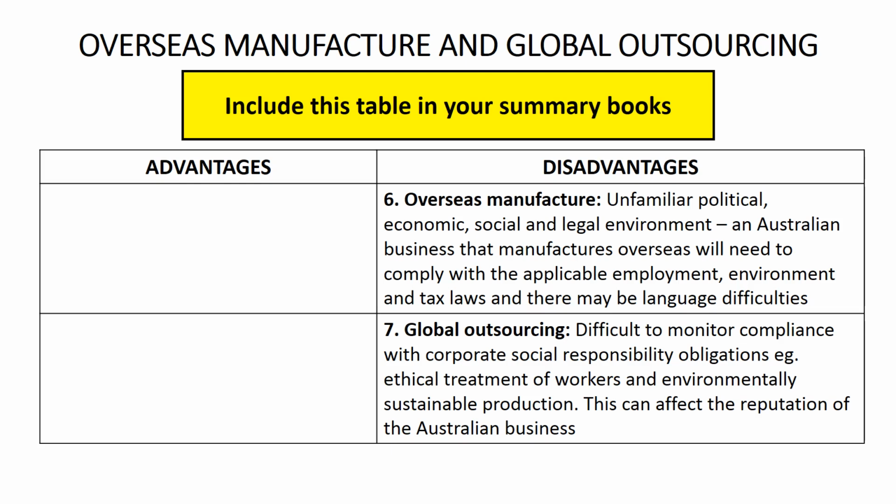An Australian business can severely damage its reputation if it outsources its production to an overseas manufacturer and that overseas manufacturer doesn't produce that output in an ethical and environmentally sustainable manner.